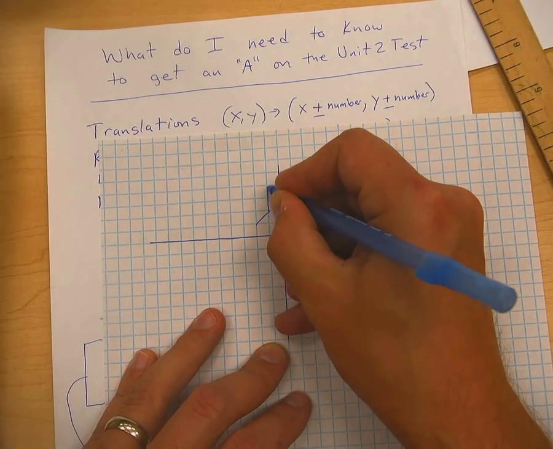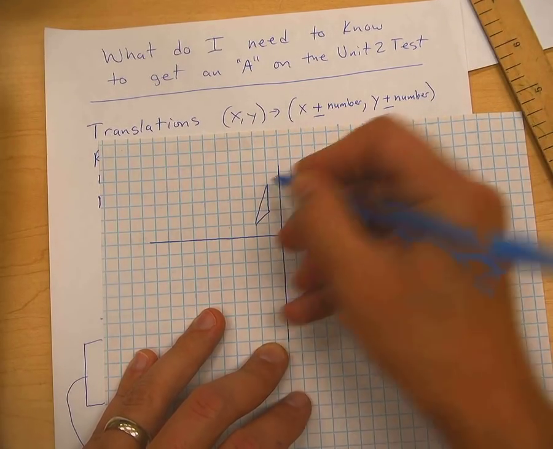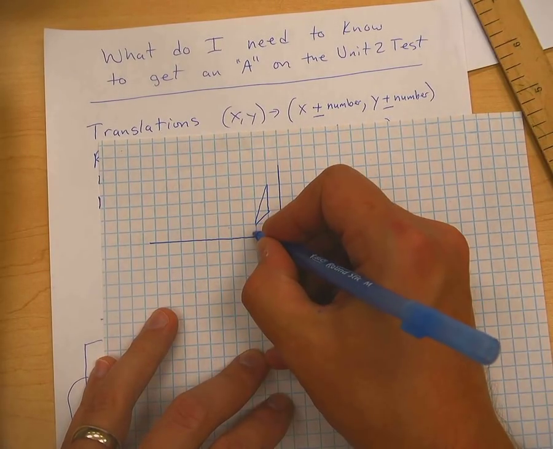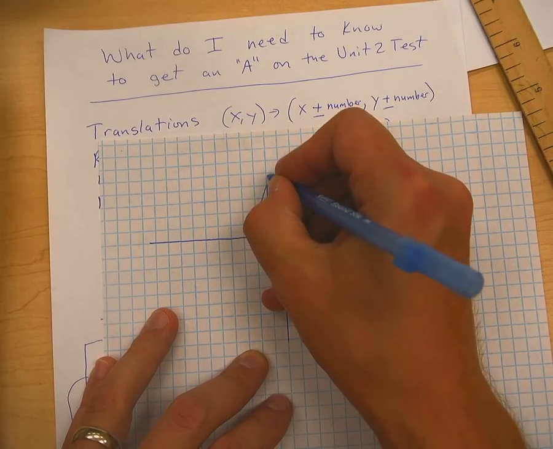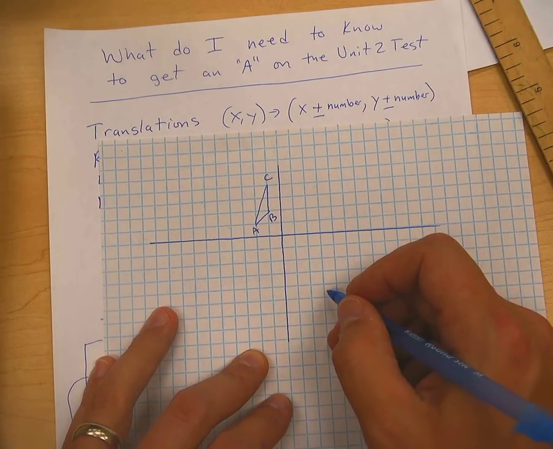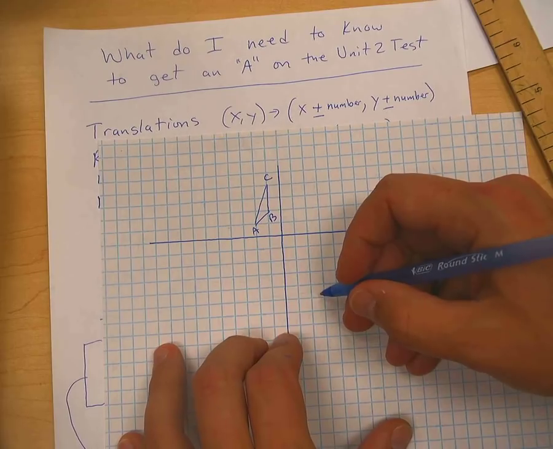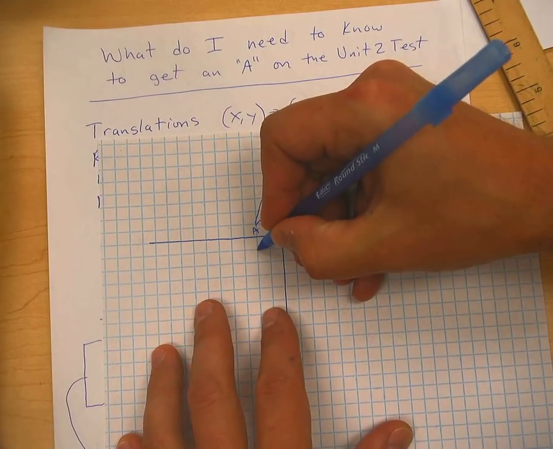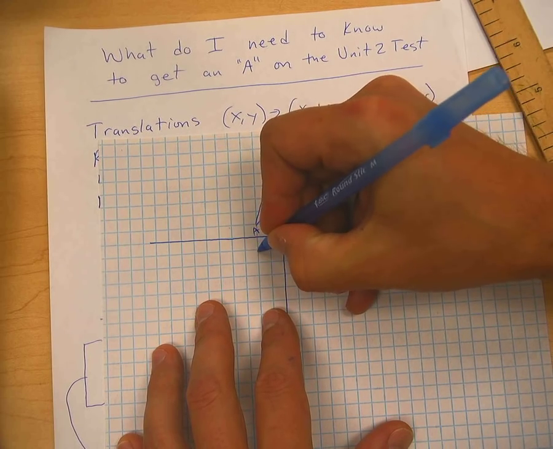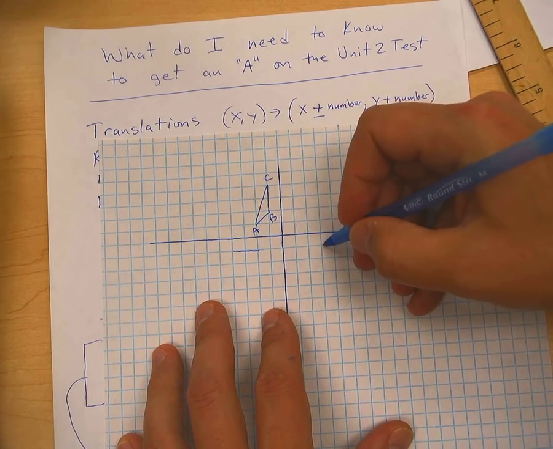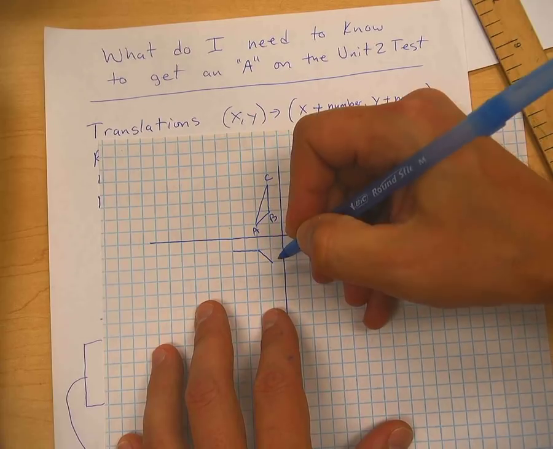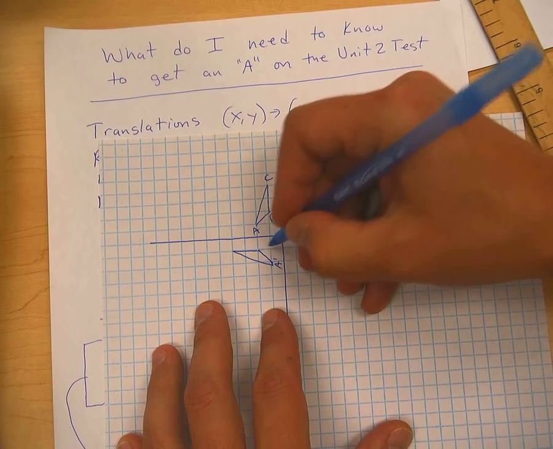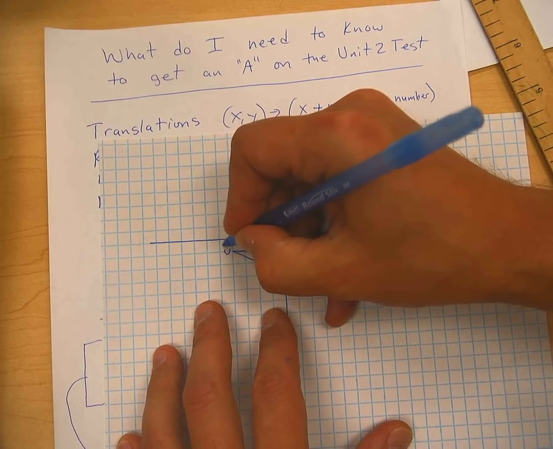And I'm going to make a shape like this. All right. Then let's say this is A, B, and C. Then I'm going to make a similar shape right here. Okay. Just draw this along with me, please. This is going to be A prime, B prime, and C prime.